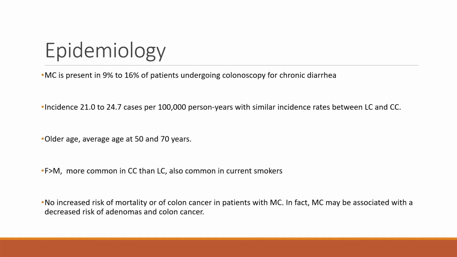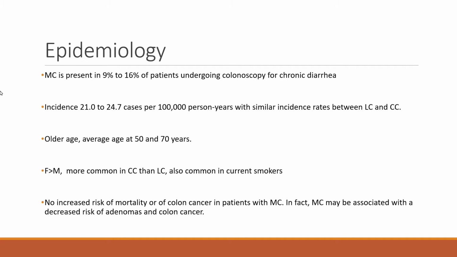It's present in approximately 10% of patients undergoing colonoscopy for evaluation of chronic diarrhea. Generally, it's present in patients of older age, with a mean age between 50 and 70. The incidence rates vary.